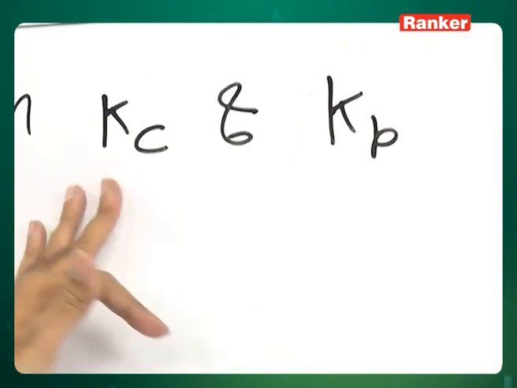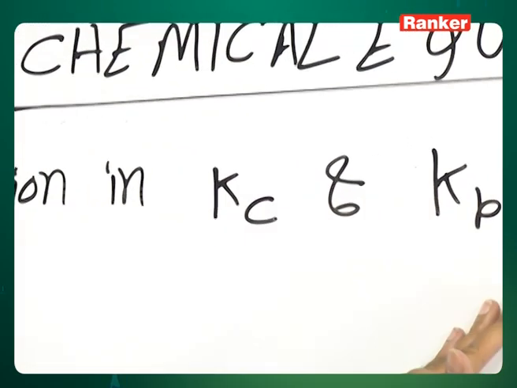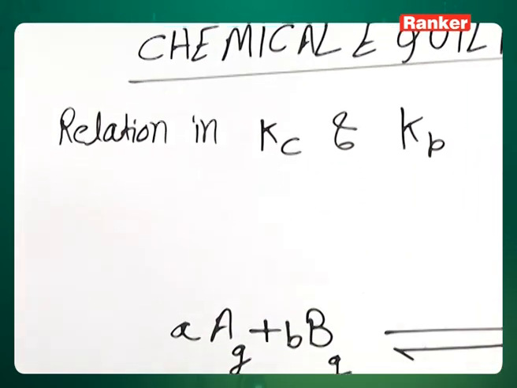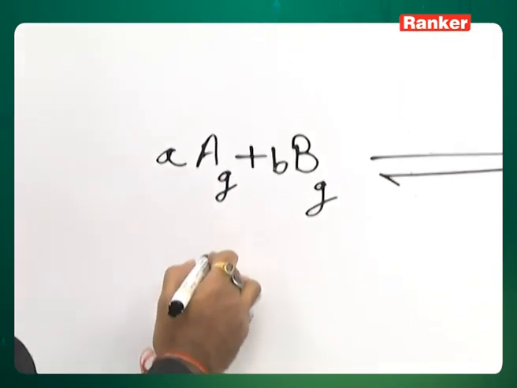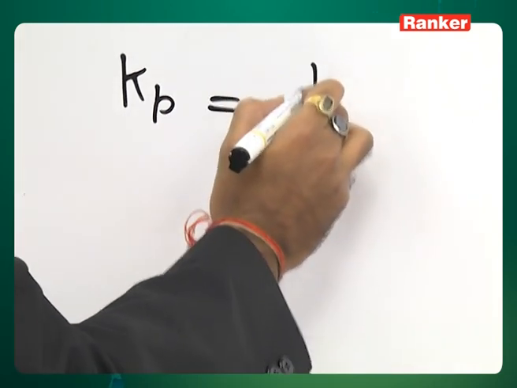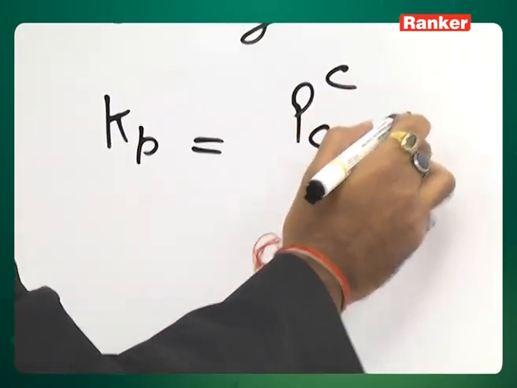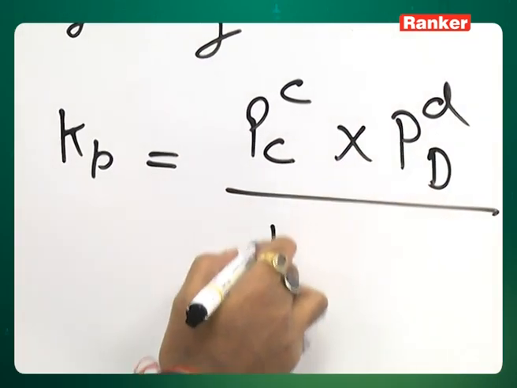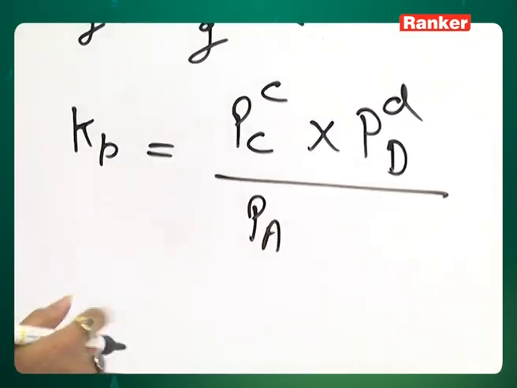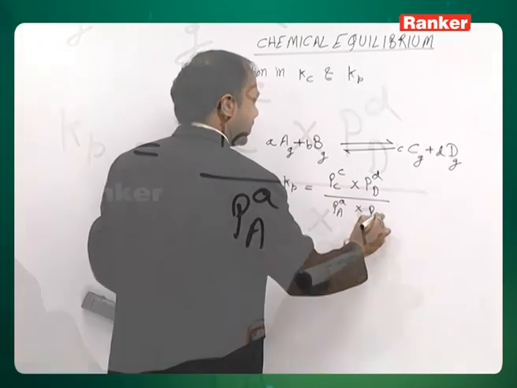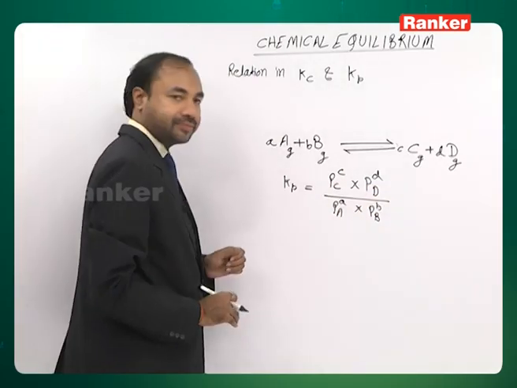So we write Kp for this equilibrium expression, and Kp will be equal to partial pressure of C raised to power c into partial pressure of D raised to power d, upon partial pressure of gas A raised to power a into partial pressure of B raised to power b.